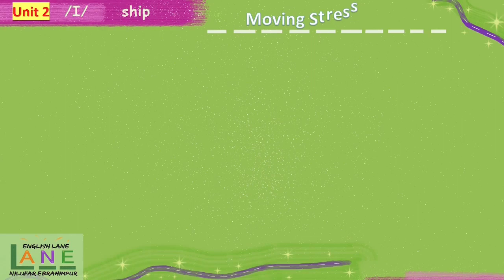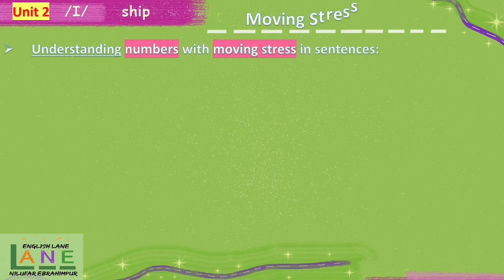I just want to understand it very fast and very clear. There are some ways to help us understand numbers with moving stress in sentences. For example, it's easier for you when Americans are talking. So the first thing to help us is Americans' pronunciation.